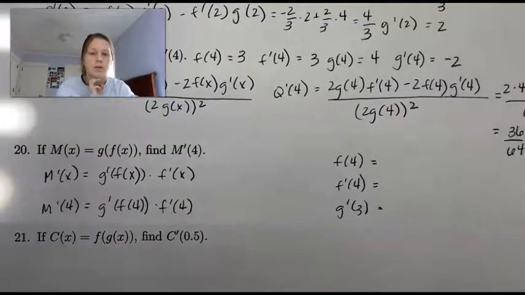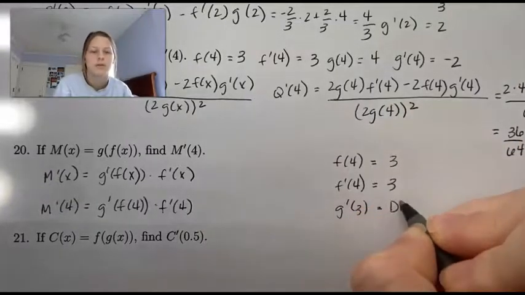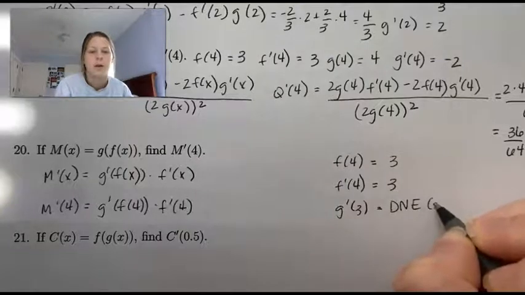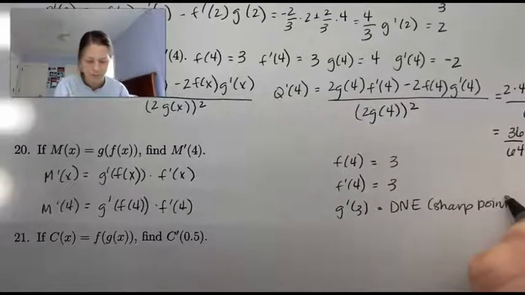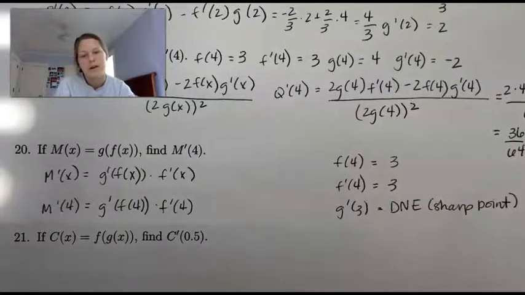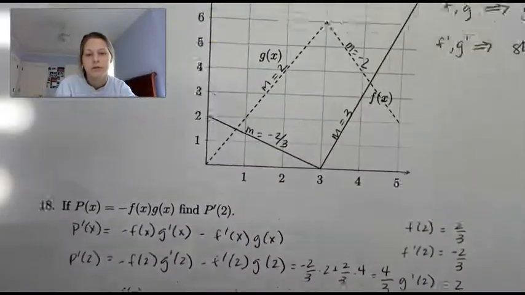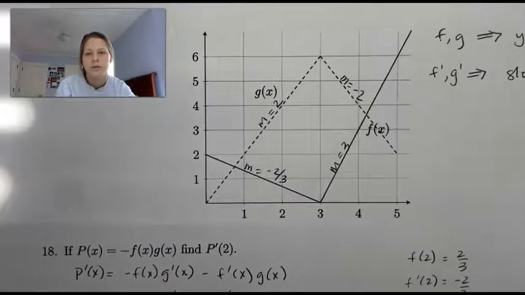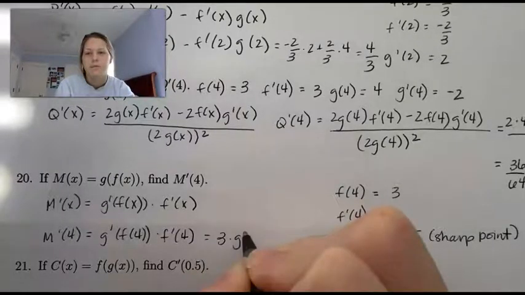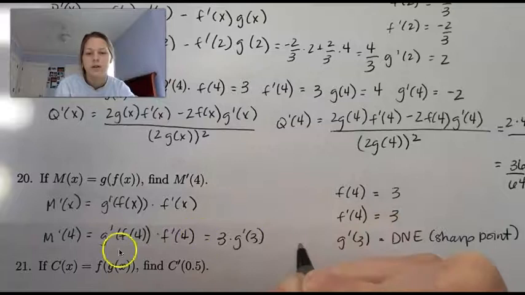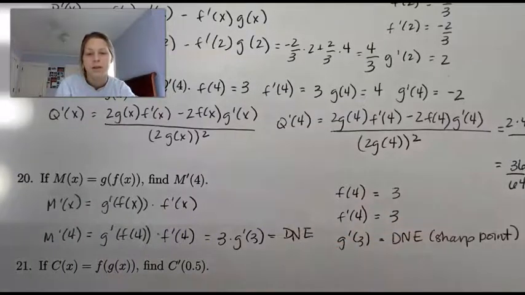So moving back down to our problem, we will write down those values we just found. F of 4 is equal to 3, f prime of 4 equals 3, and g prime of 3 does not exist because of the sharp point. So we'll plug in these new values. 3 times g prime of 3 is what we get.